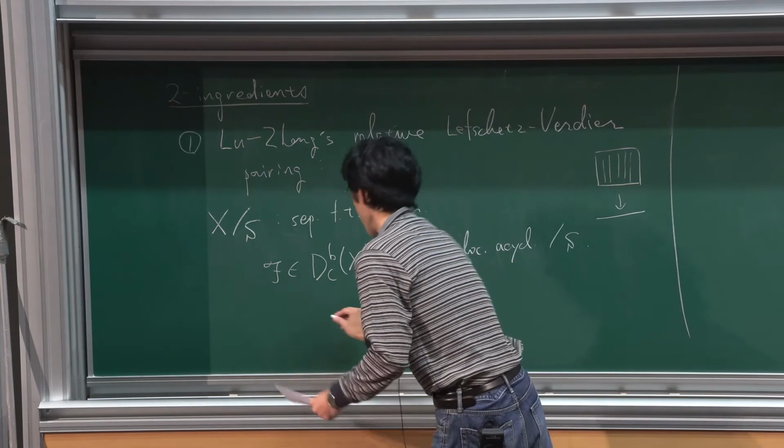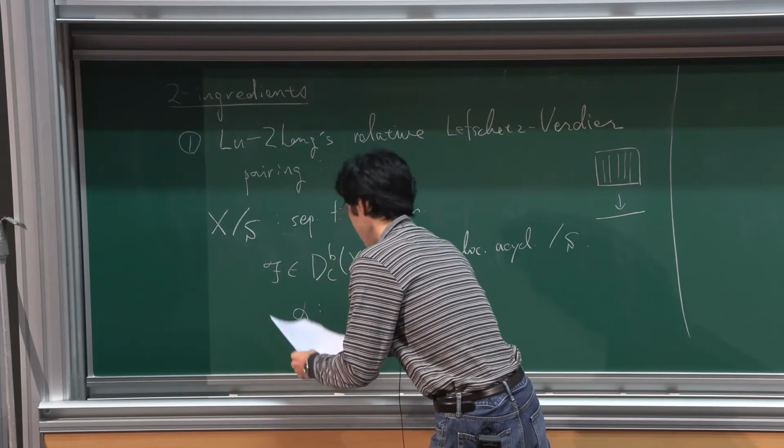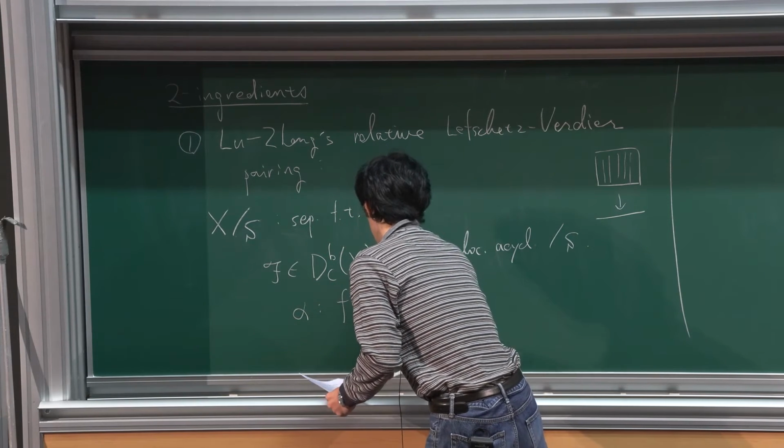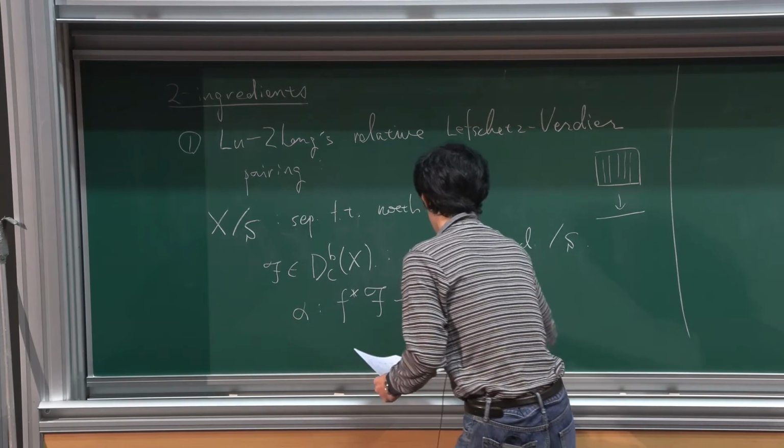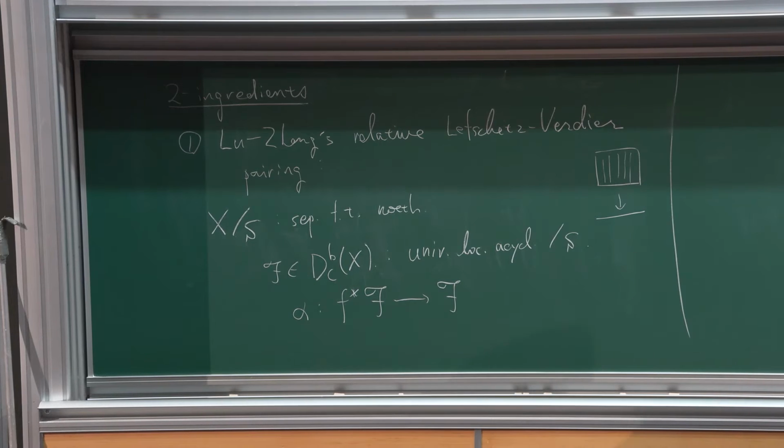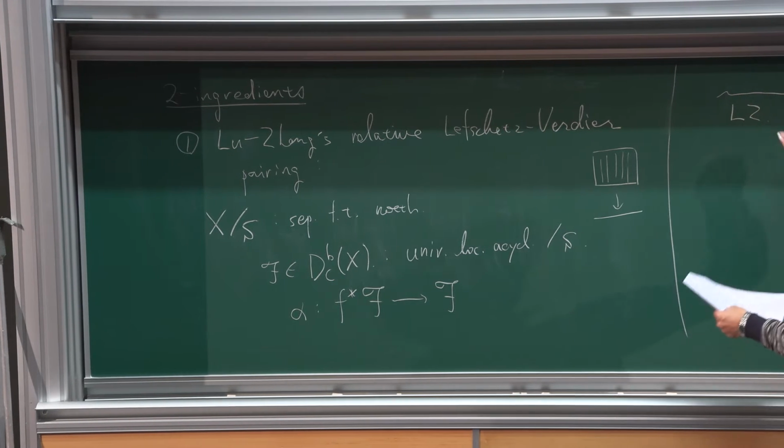So I assume I have some morphism. It can be more generally a cohomological correspondence, but I don't want to go into too complicated notation. So I just consider this kind of situation where F is sort of equivariant. Under this assumption, Liu and Zhang.